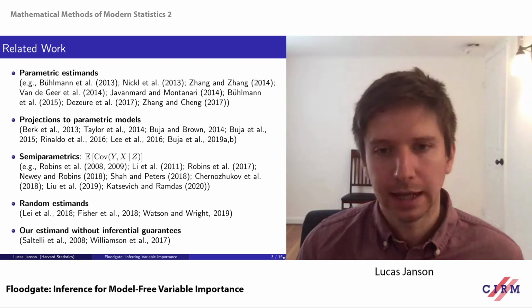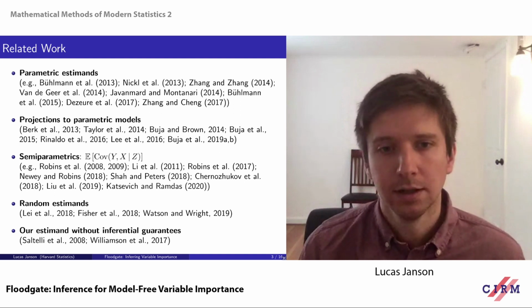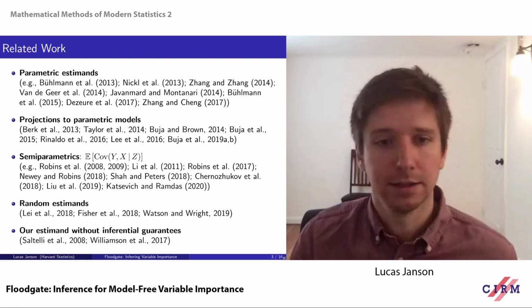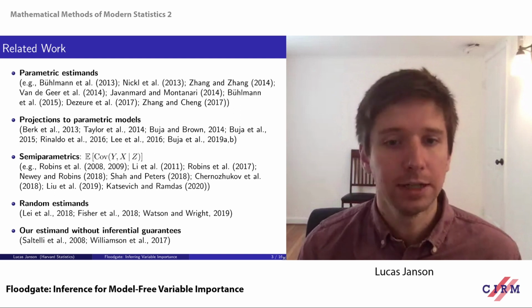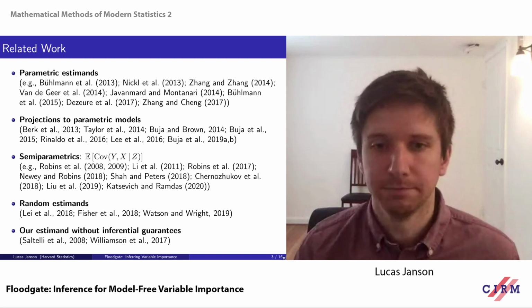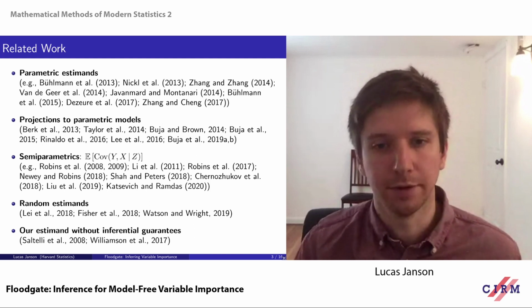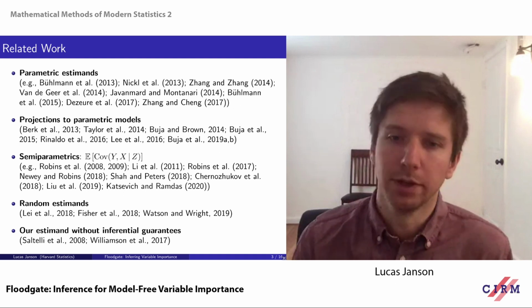And lastly, the measure of variable importance that we're going to propose in a moment, which we claim satisfies the interpretability and sensitivity properties, has been studied before, in particular in the sensitivity analysis of computational models literature, but they don't really think about inference as much there. So we haven't seen, say, confidence intervals provided for this before. And then one exception is in this paper, Williamson et al.